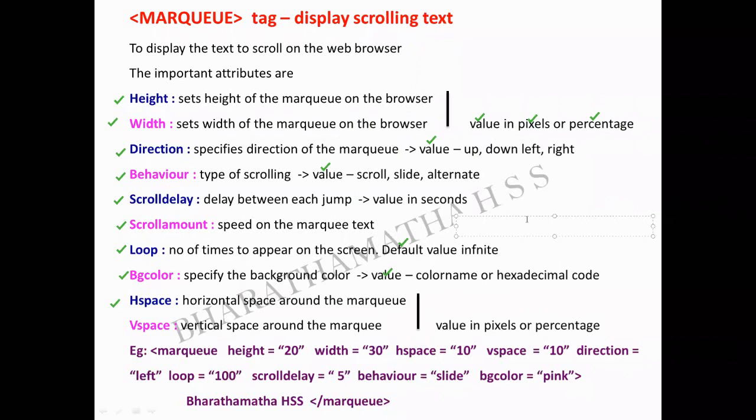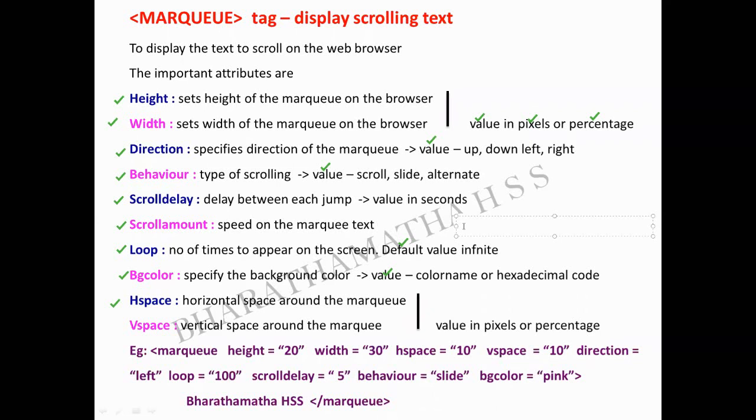So from the side, how much pixel space you want to leave horizontally. It will not reach this margin. Depending on the space you set, maybe it will come only up to this. Setting this space is known as your horizontal space. It will not touch the end of the size.